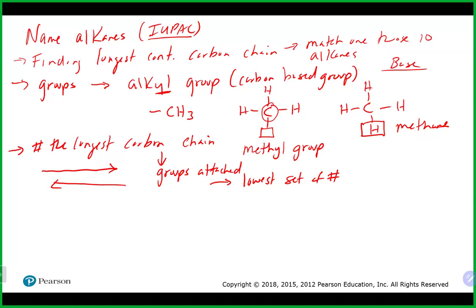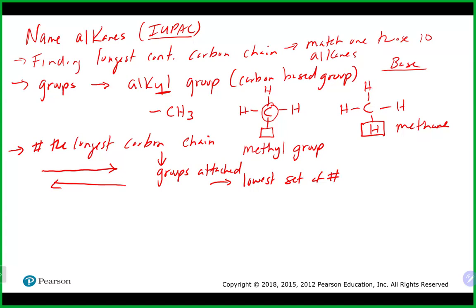Now, as was I think the question towards the end last time, if you happen to get a tie in each direction, and it doesn't matter which way you go, each of the groups have the same set of numbers, what you would want to default to is the next thing, which would be alphabetical in terms of those groups. So whichever way gives the alphabetical group the smaller number. In that case, if you tie, that would be the way that you would want to number.